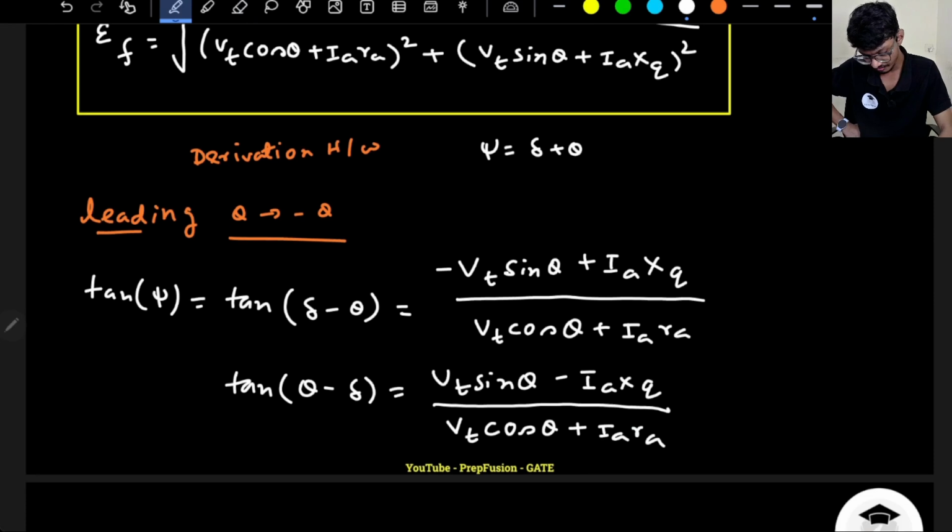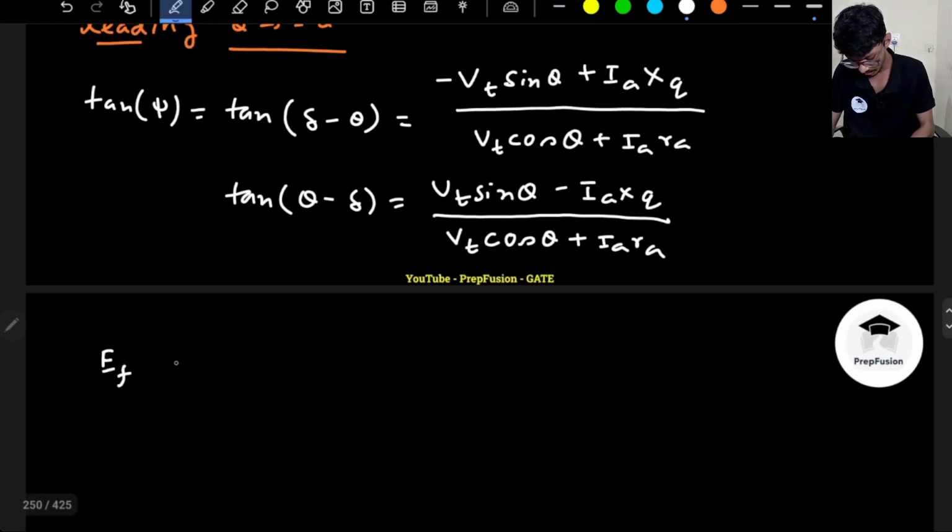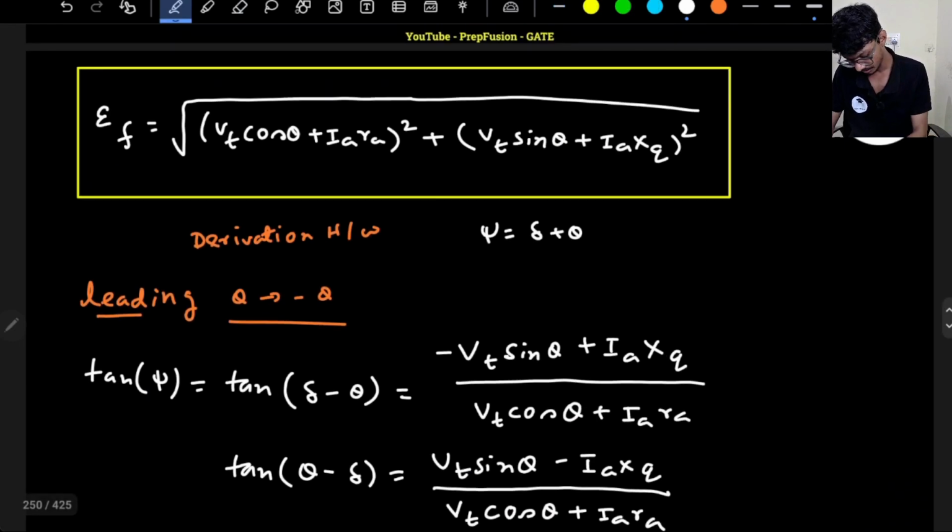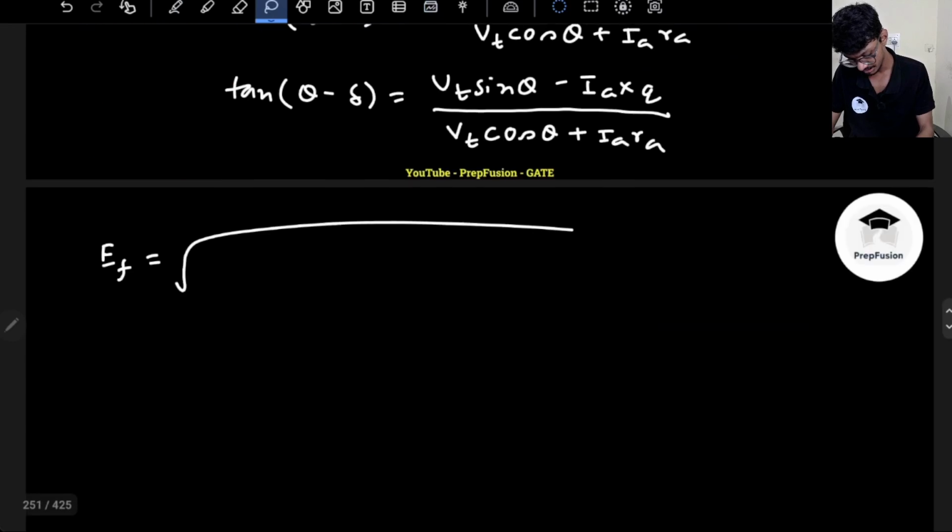And what will be the Ef magnitude this time? The Ef magnitude will be under root, with just one difference. This will be the same, exactly a carbon copy, just a negative sign will be there with sin theta. That's it.